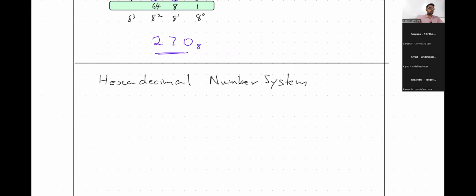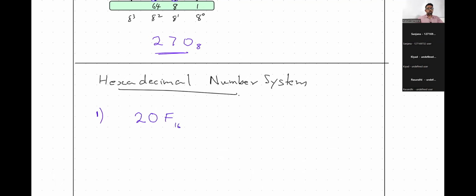Right. My first example for the hexadecimal number system is 2, 0, F, base 16.